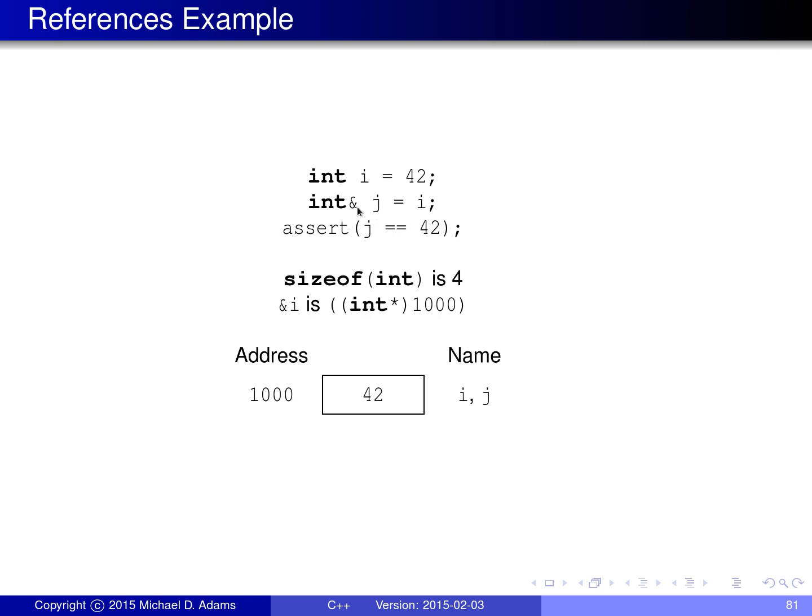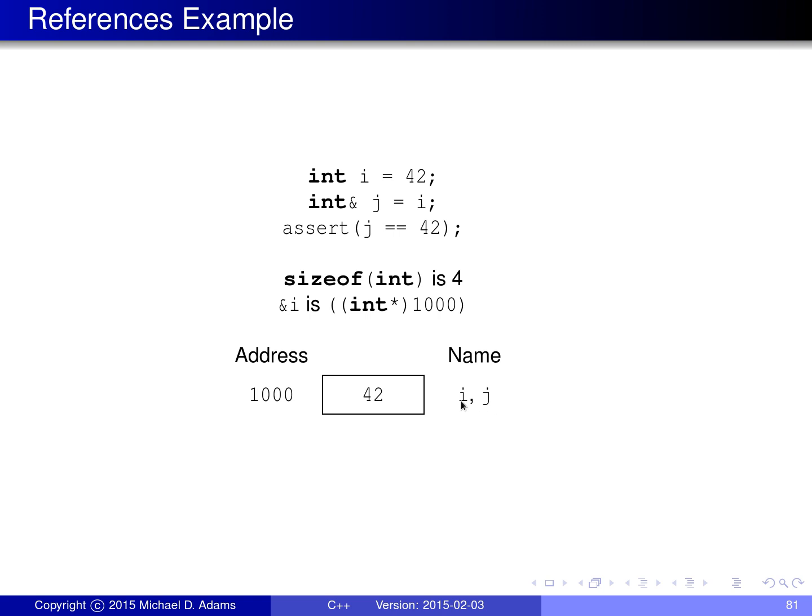Then on the next line, we create a reference j. It's a reference because we have this ampersand here, so it's a reference to an int, and this reference is bound to i. In other words, initialized to i. This does not actually create any new storage in memory. All this does is say this already existing variable in memory called i, sitting at memory location 1000, let's give it another name. Let's call it j also.